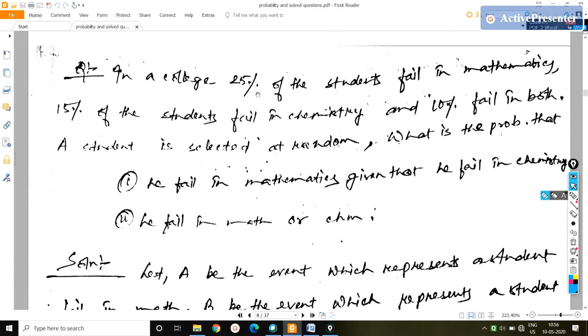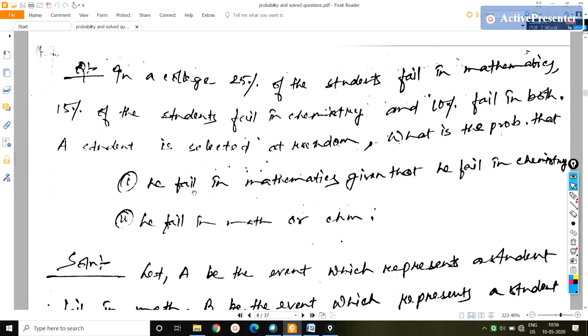In a college, 25% of the students fail in mathematics, 15% of the students fail in chemistry, and 10% of students fail in both. A student is selected at random, and the question asks: first, what is the probability that the person failed in mathematics given that he already failed in chemistry. Second, he fails in math or chemistry.